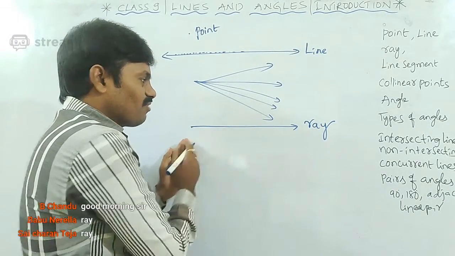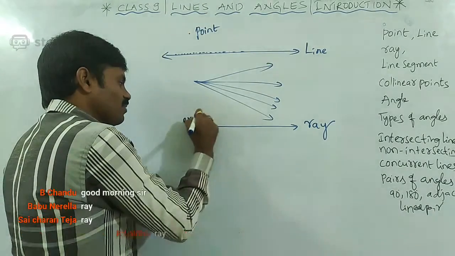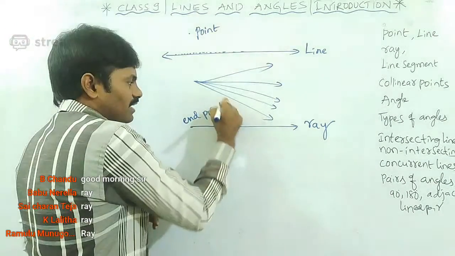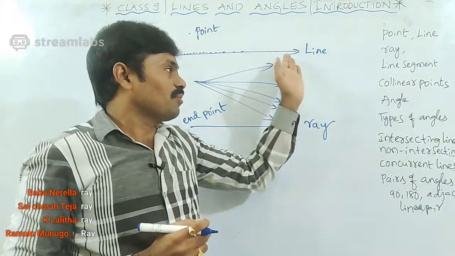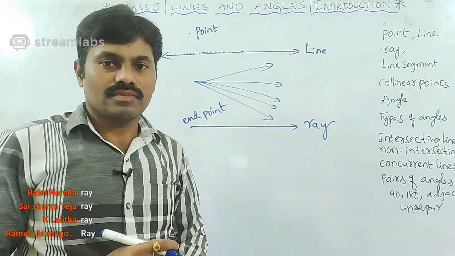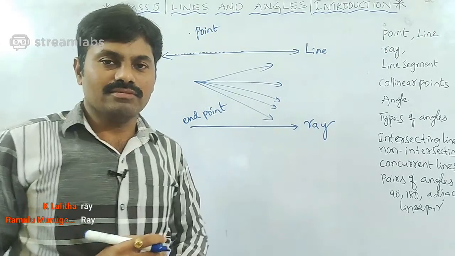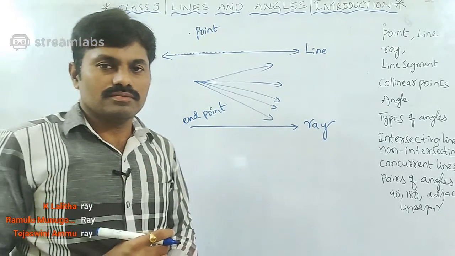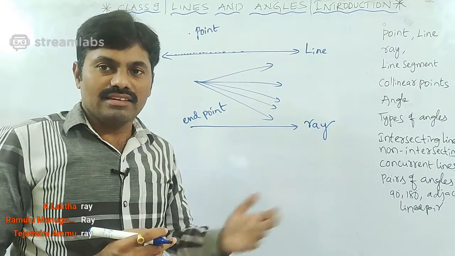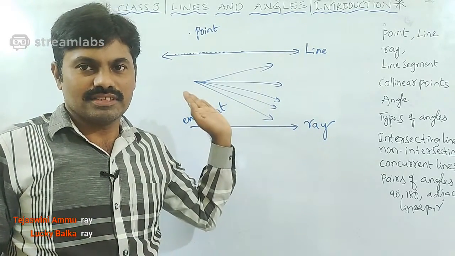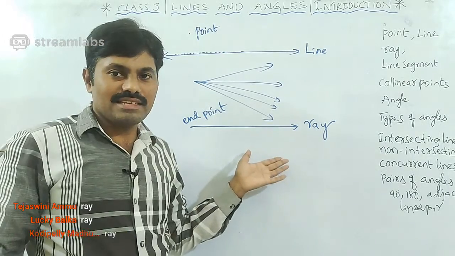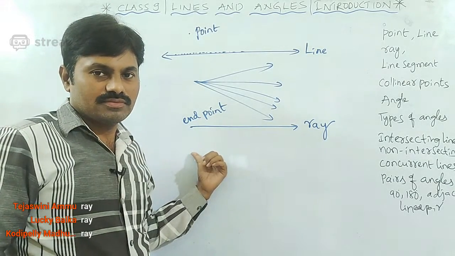Here the ray has one endpoint. How many endpoints does a line have? For a line, no endpoints. It extends endlessly. For a ray, how many endpoints? One endpoint.